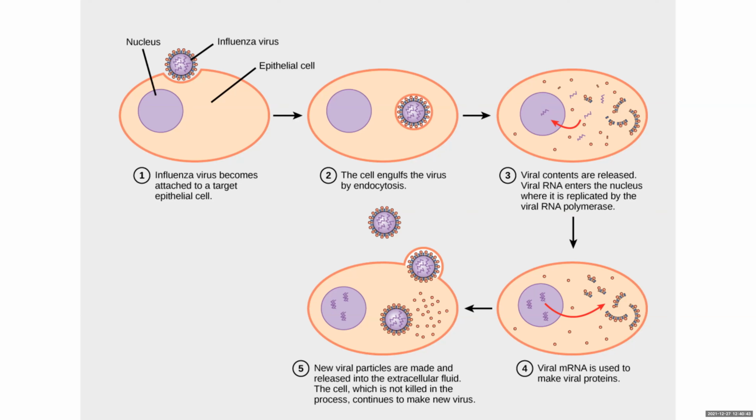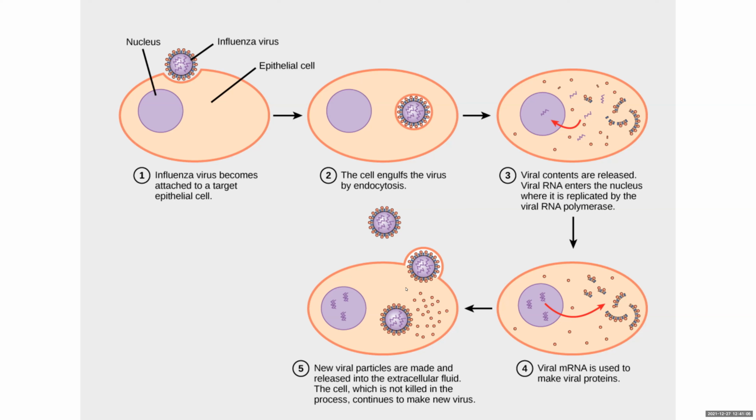It gets copied by the mechanism that already exists in the nucleus. The viral messenger RNA is used to make viral proteins. And the viral particles, or the virions, are assembled into new virions.